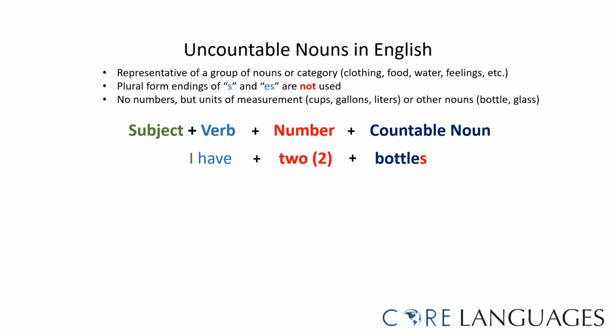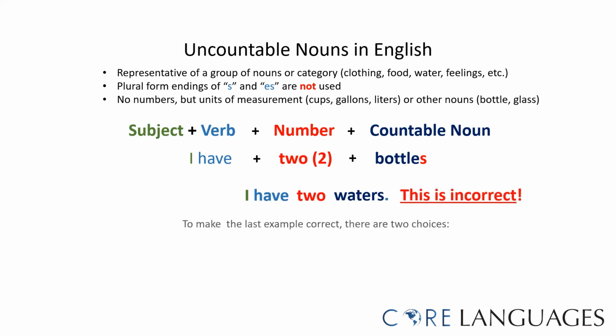But the same sentence with an uncountable noun, for example, I have 2 waters, would be incorrect. I could either say, I have 2 bottles of water, or 2 liters of water, or I could simply say, I have water.